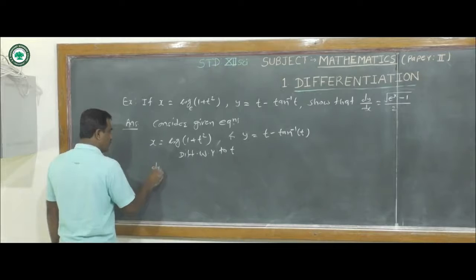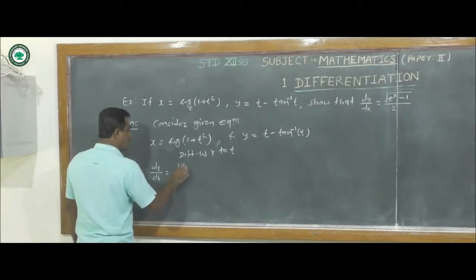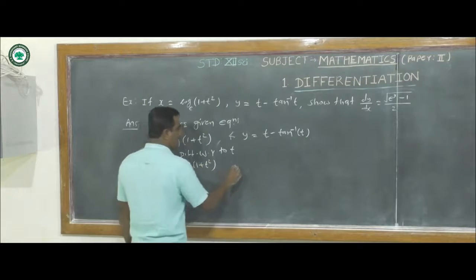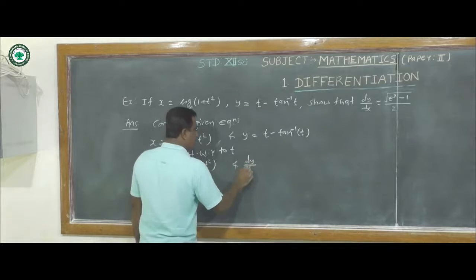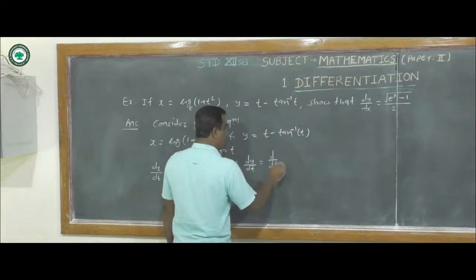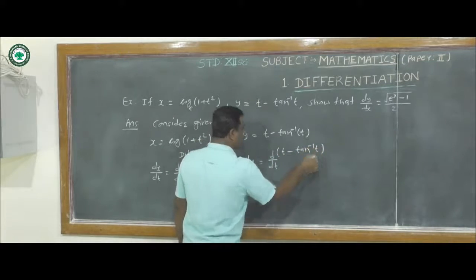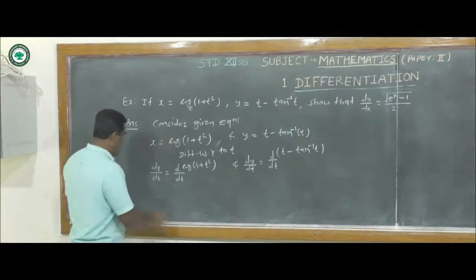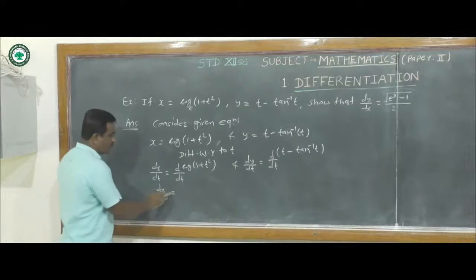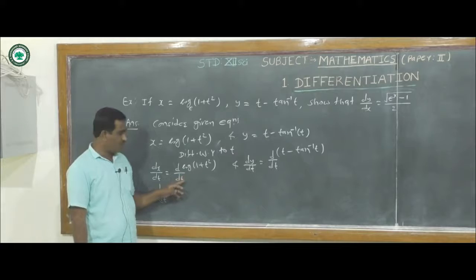Therefore dx by dt is equal to d by dt of log of 1 plus t square, and dy by dt equal to d by dt of t minus tan inverse of t. Okay. Now further, keep dx by dt as it is.